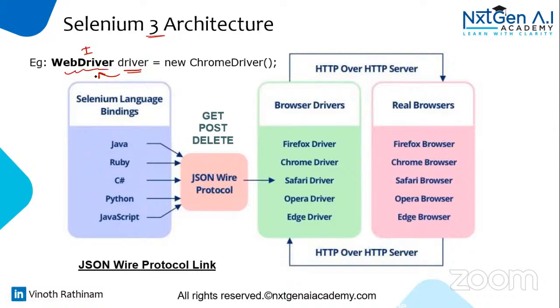So we create a driver object in the WebDriver interface for whatever the browser is, whether it's ChromeDriver, FirefoxDriver or EdgeDriver. Accordingly, we will do it. So we use the WebDriver interface. This is the code we were writing in all the programs. Keep this point in your mind. I'll try to correlate it with a lot of definitions.